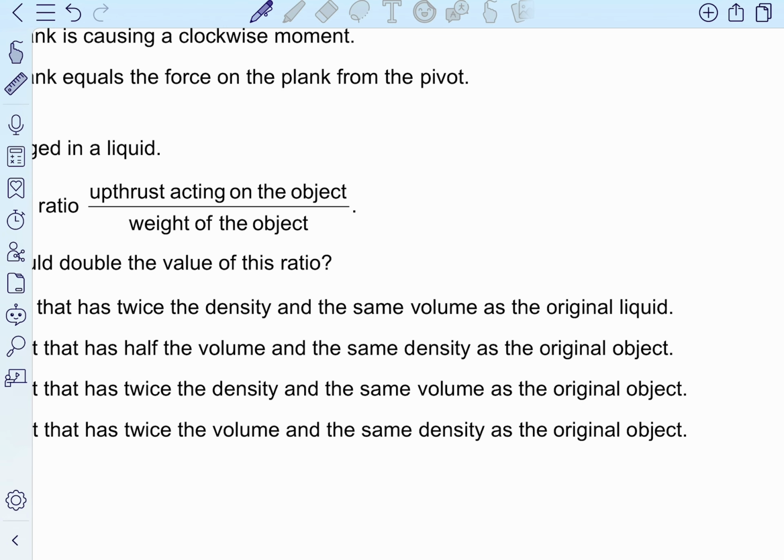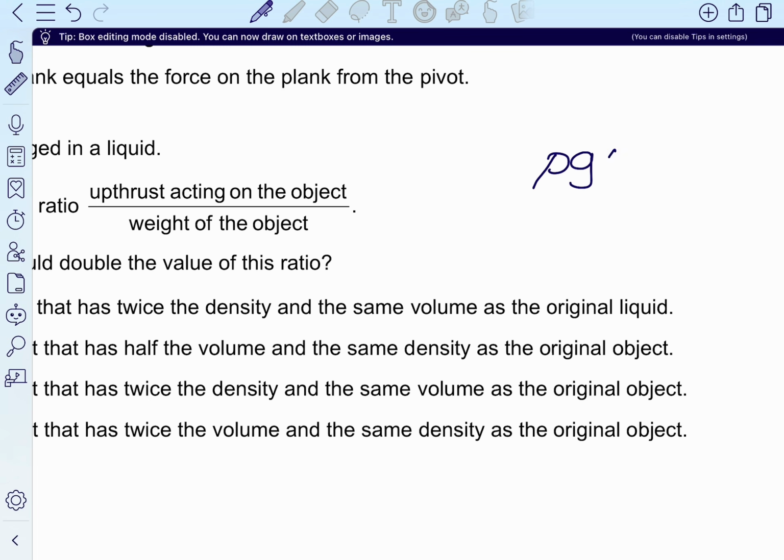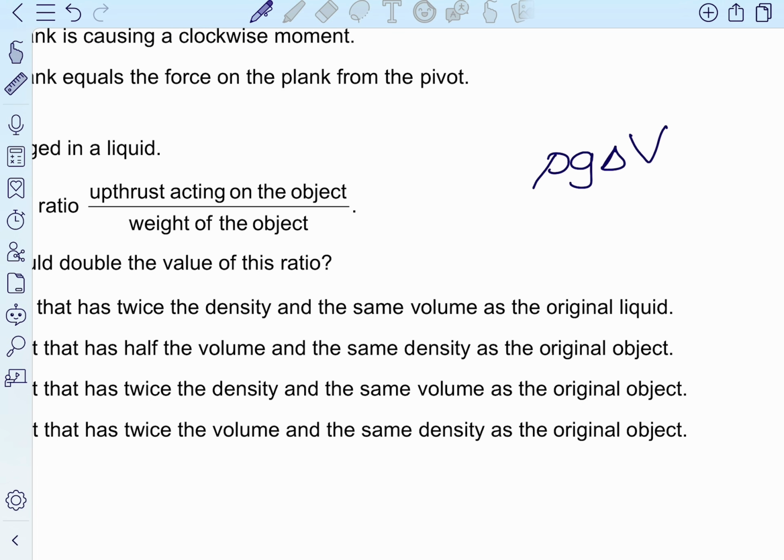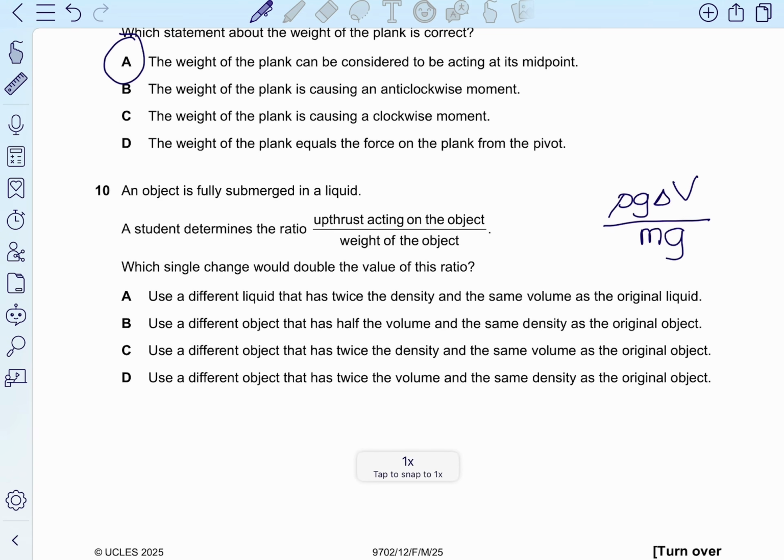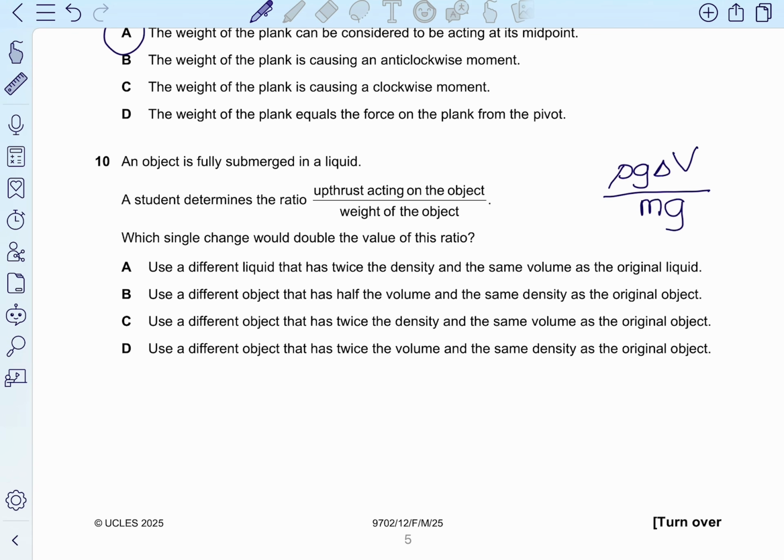The formula for upthrust is rho g delta V, where rho is the density of the liquid, g is the acceleration of free fall, and delta V is the volume of the object immersed in the liquid, divided by the weight of the object. The weight of the object is the mass of the object times g. What would double it? Option A says use a different liquid that has twice the density and the same volume.